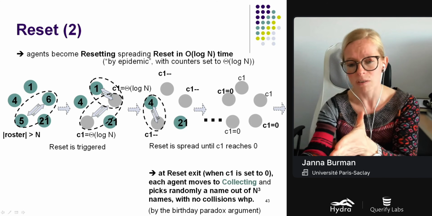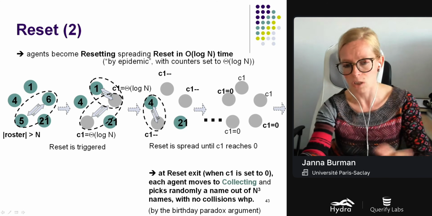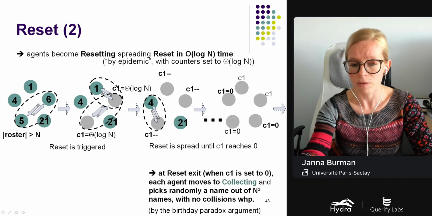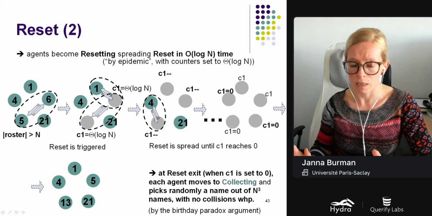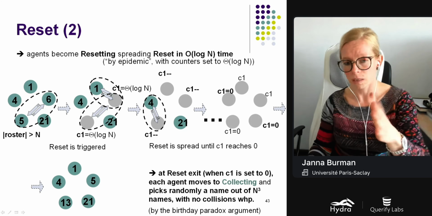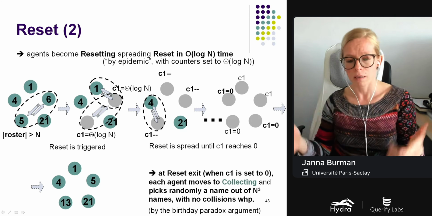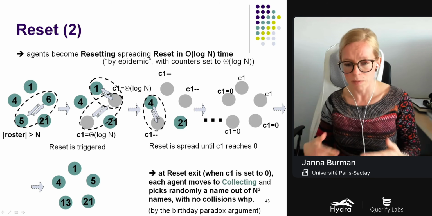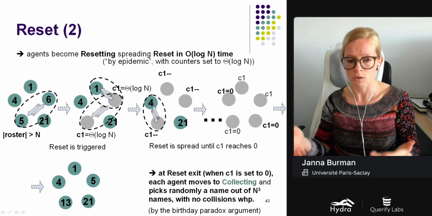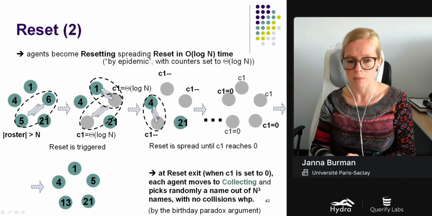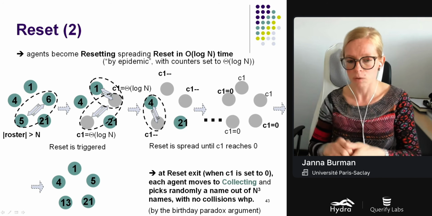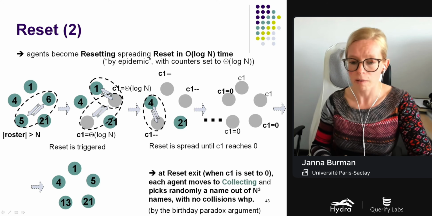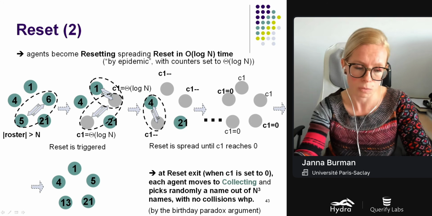So at the end of the reset, if every agent has reset, we have unique names, and if everything is good, the reset takes logarithmic time, then the propagation of the names with merging of rosters also takes logarithmic time, and at the end of that, we can obtain the leader, the ranking, and what we need.